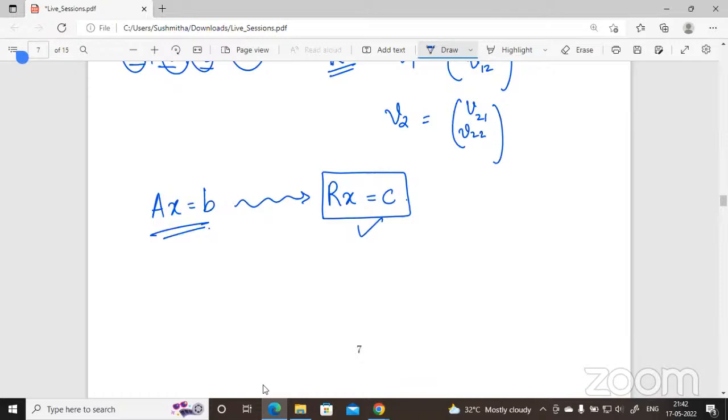The operations that you're doing on A to get R are not going to change the solutions. You're either multiplying an entire equation with a constant, or you are adding equations. That's what you do basically in row elimination and substitution. So the operations don't change the solutions to the system. That's it.